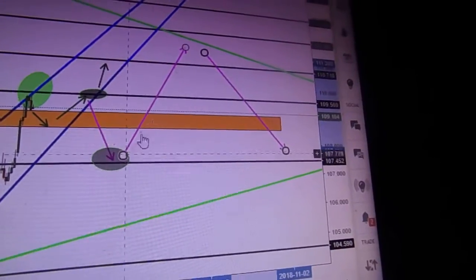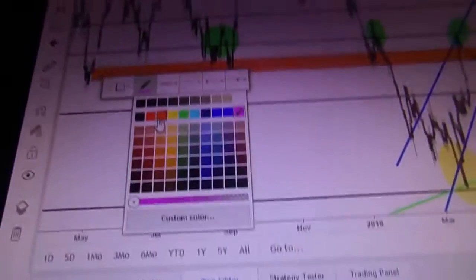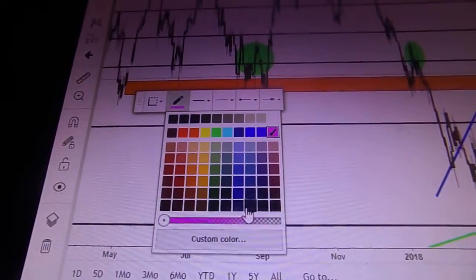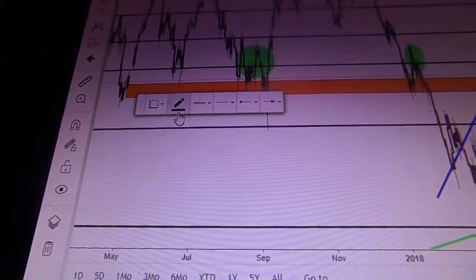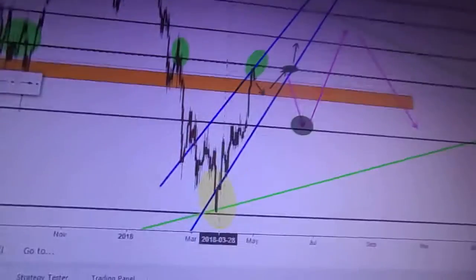And it will be in this formation. Now, for this one, I'm going to change the color of this one. Turn this into red. Alright.